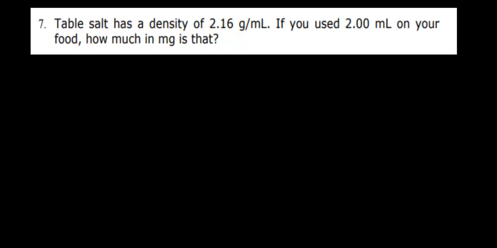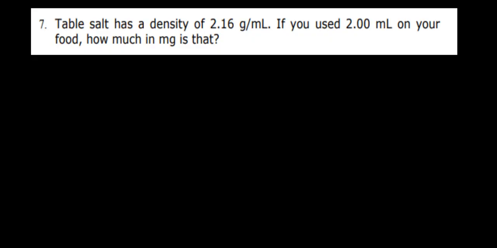Let's go to question number 7. So we're saying table salt has a density of 2.16 grams per ml. If you use 2 mils on your food, how much in milligrams is that?